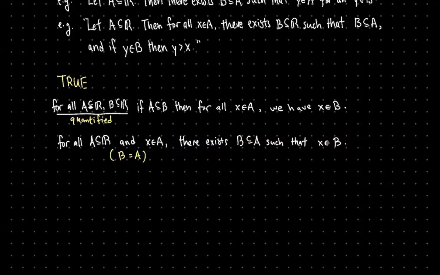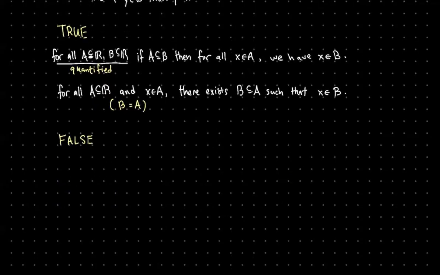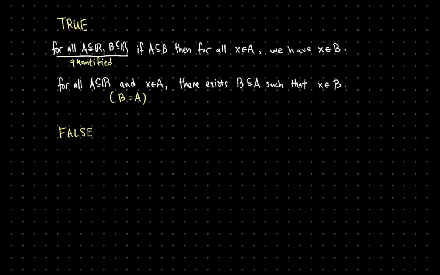Okay, how about false ones? Excellent, good. So Michael, is that an example of a true statement or a false statement, the one you just wrote down? True, interesting. Okay, let's write that one down.